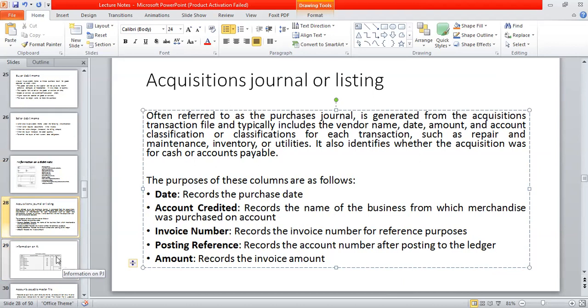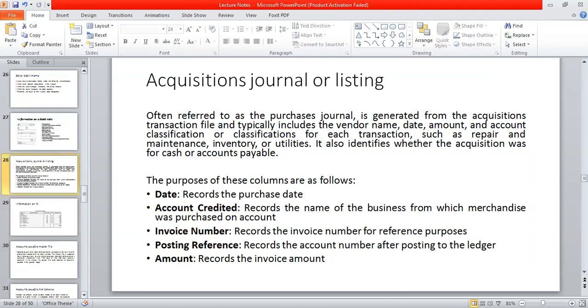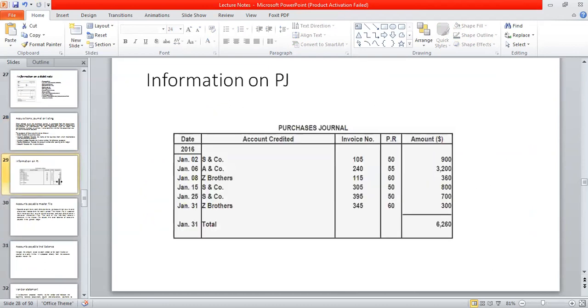And this special purchase journal is used to make the actual account recordings for the transaction. So the purchase journal looks like the one which I attached to this document.